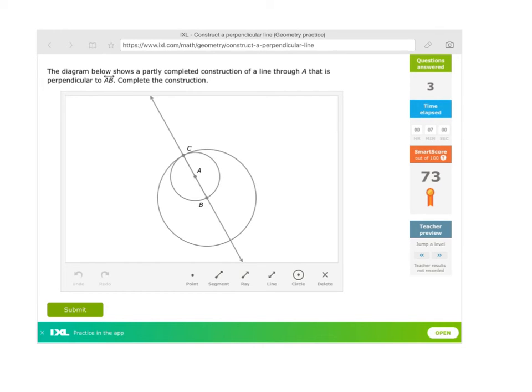So right now we know a few things. Let's see what all we have. So the smaller circle right here is center A, radius AB or AC. So that's drawn.